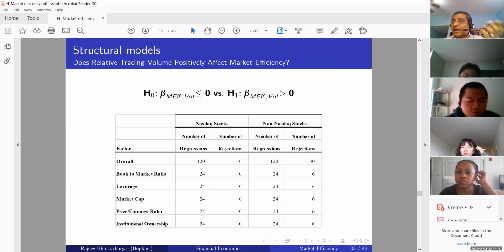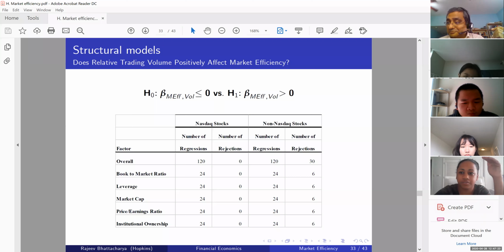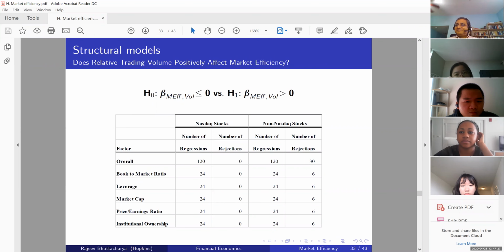If you ask me, Gail, what should it be, 2, 3, or 4? What do you think my answer is? Try all. Sorry? Try the different days. Try all of them. Exactly, all of them. So I do my regressions for each of these thousands of regressions. I do for the 2-day window, 3-day window, 4-day window, and see if the results are different.